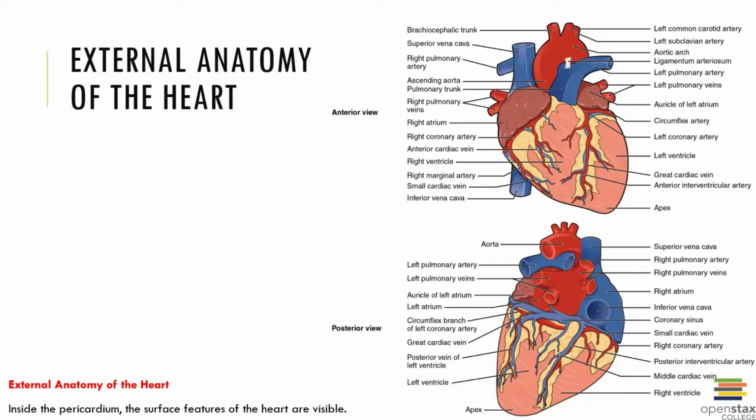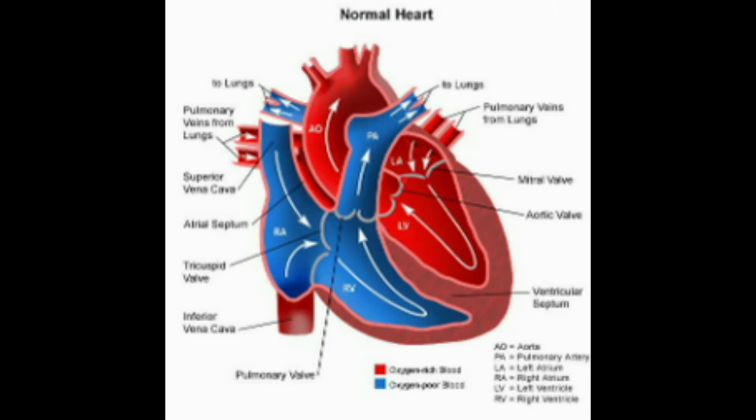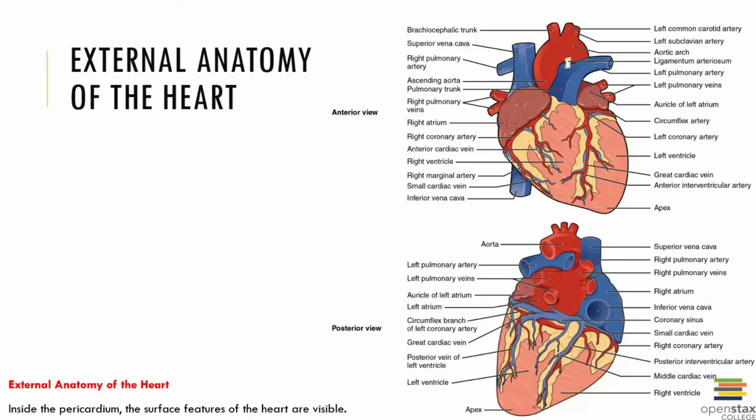So back to the atria real quick. Each atrium possesses an outer expandable extension called an auricle. And the atria are separated by an inner wall called the interatrial septum. All right, so that's the septum that separates the atria.